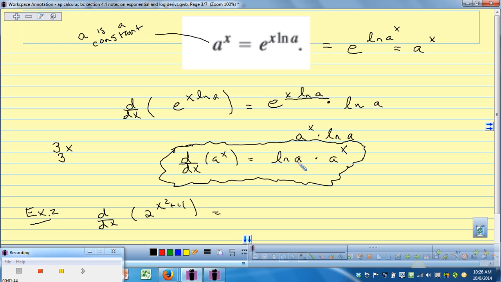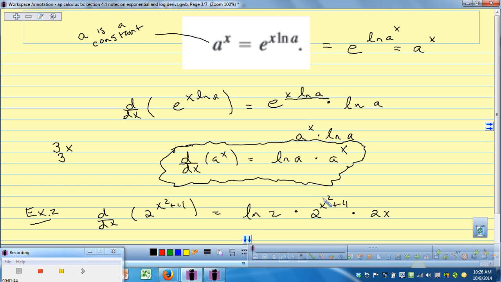We start with natural log of a, which is what in this case? 2. Natural log of 2 times 2 to the x squared plus 4 times 2x. We have to apply that chain rule, times 2x.